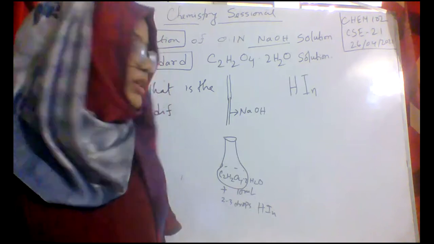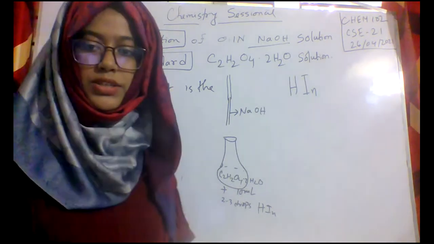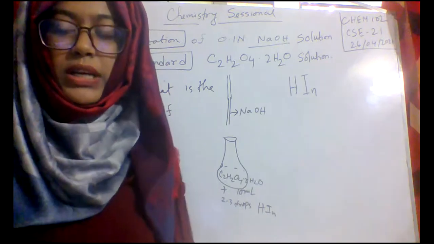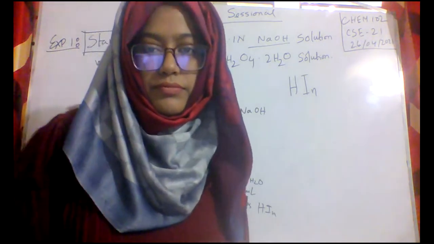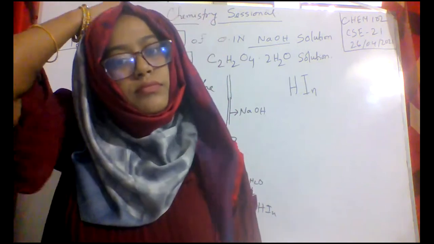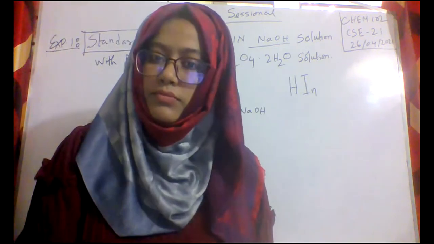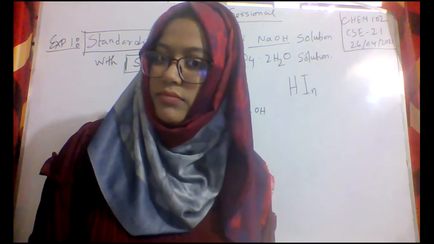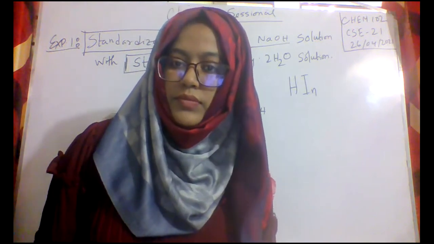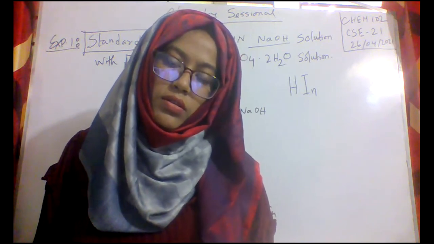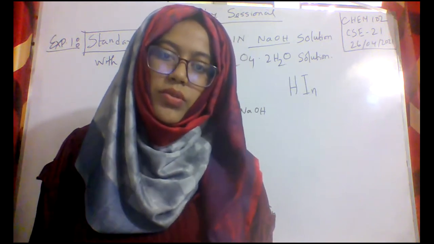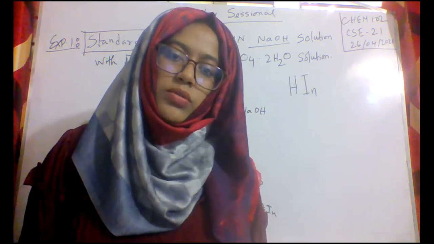So can you tell me the difference between endpoint and neutralization point? Ma'am, at the neutral point we can't get any color, but at the end point we get a color, and there is some extra basic compound in the solution.